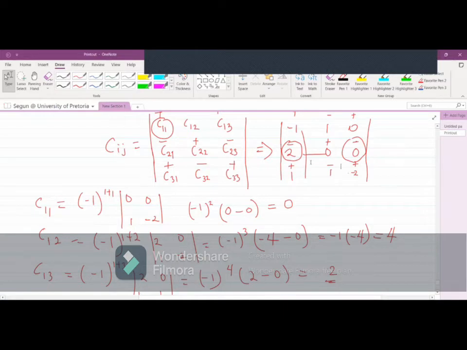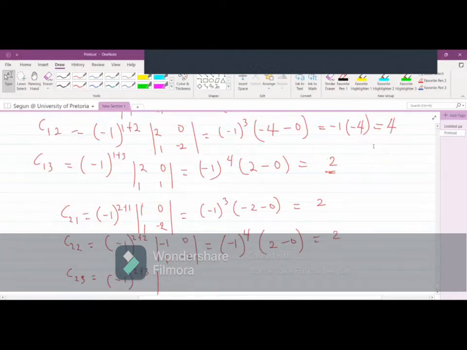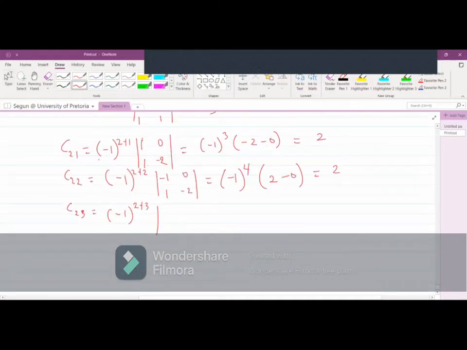Remain minus 1, 1, 1, 1, right? So minus 1 raised to power 5 in brackets minus 1 minus 1 is equals to what? 2. Do you agree? Yes, sir.